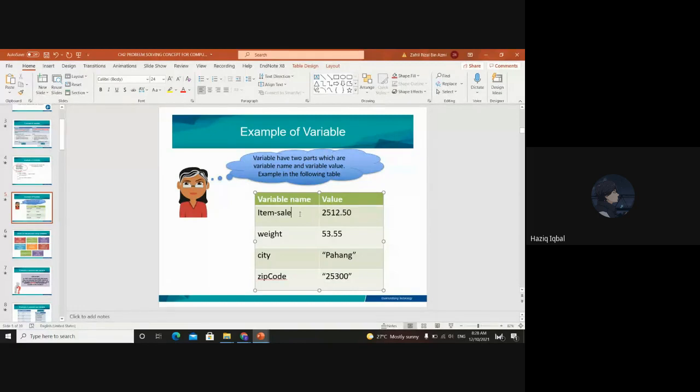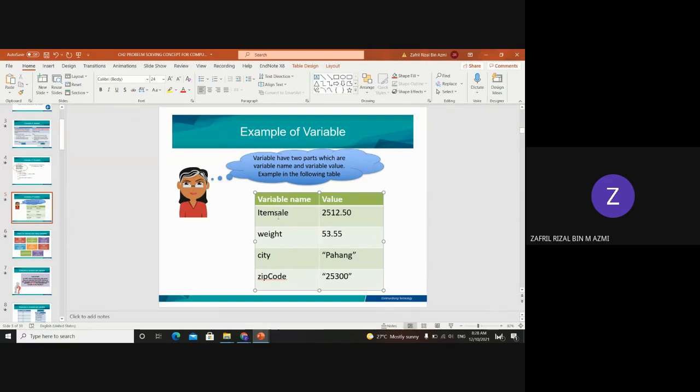Because there is a dash. Good. This is wrong because you cannot put an operator. This is considered a mathematical operator, minus. If you put it like this, the compiler will detect this as a mathematical operation: item minus sale. So it is wrong. This one is okay because this is an underscore, which doesn't give any mathematical meaning to the system.